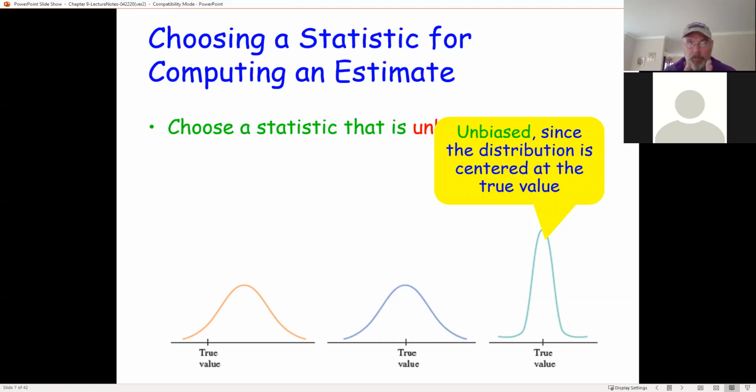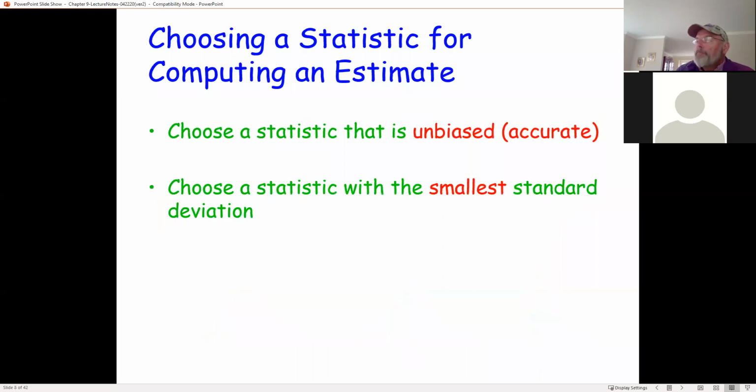That then gives us precision about our confidence interval. So we want an unbiased situation centered on the true value, and we want also to have a very small variance, okay, or a very small standard deviation.